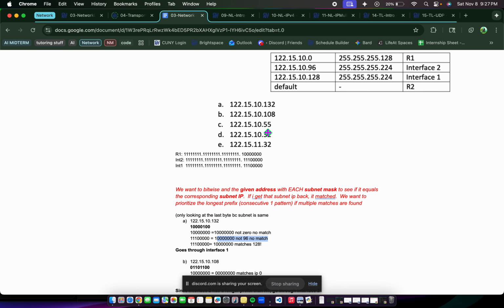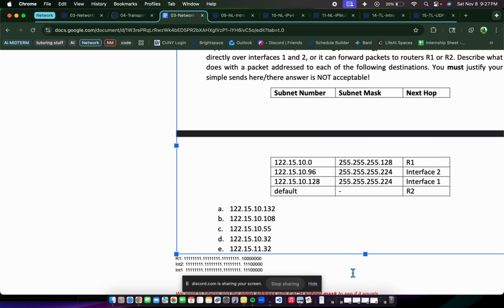Now we'll see again on interface 1, we have over here the same calculation, right? Because the last byte is 224. I'm going to take my 132, bitwise AND it with my 224, and I see, again, I get back 128. Oh, look at that.